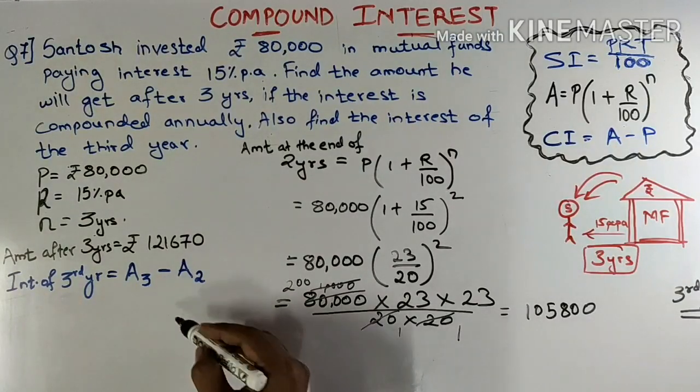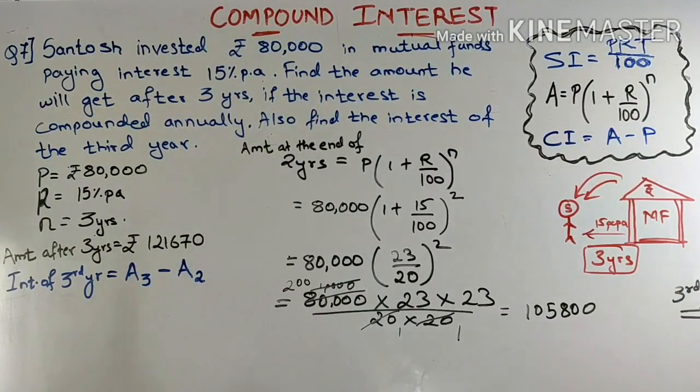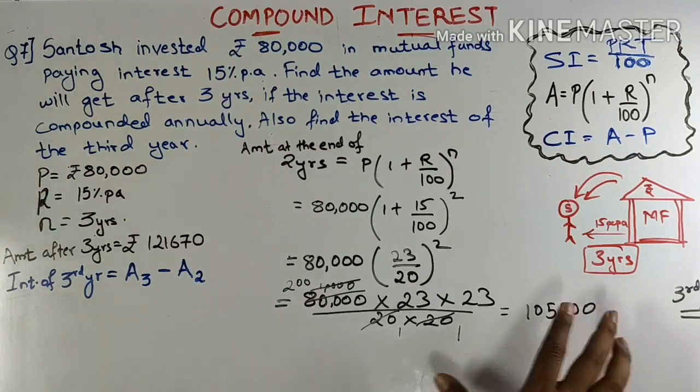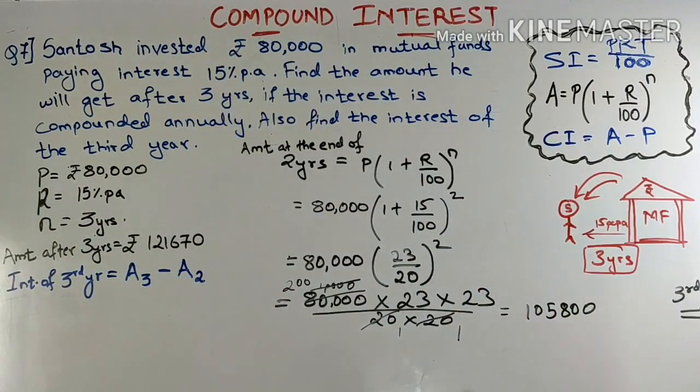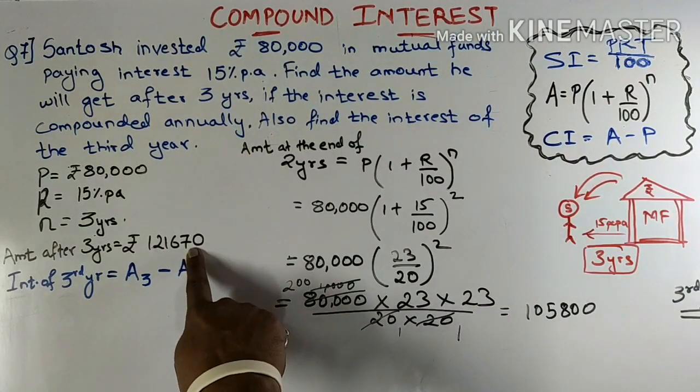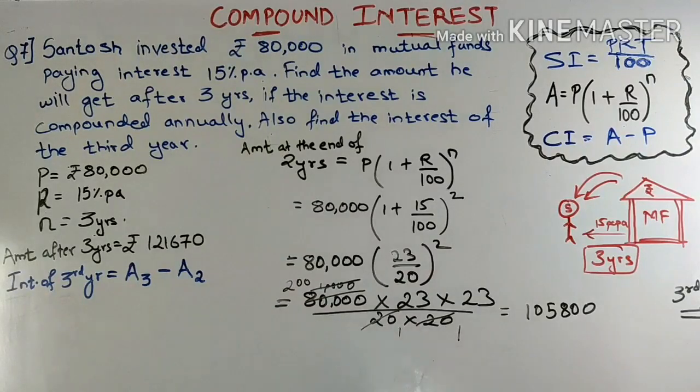So for finding the interest of the third year, we'll have to subtract 1,05,800, that is the amount at the end of 2 years, from 1,21,670, that is the amount of the 3 years.